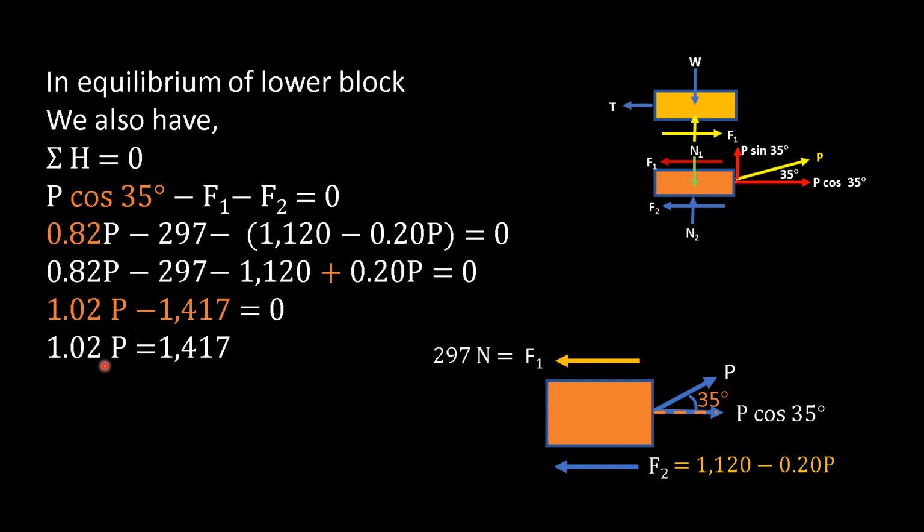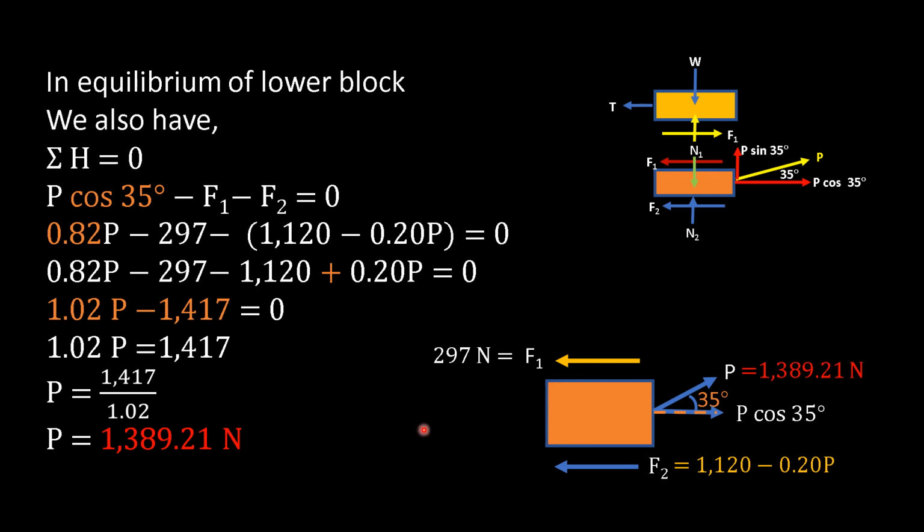It becomes 1.02 P equals 1417. So P becomes 1417 divided by 1.02, which will be P equals 1389.21 Newton. So that will be the value of the inclined force P, which will be 1389.21 Newton. So this is our answer.